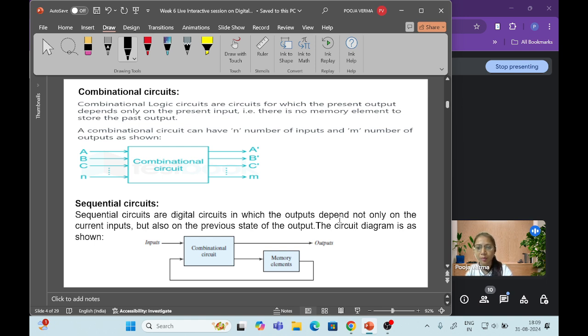So these are the inputs and we will get the output. But in the sequential circuit, the output depends not only on the present inputs but also on the previous state of the output, and that's why it has a memory element. The memory element is connected as a feedback so that it can store the output and give it to the input. So this is the sequential circuit.